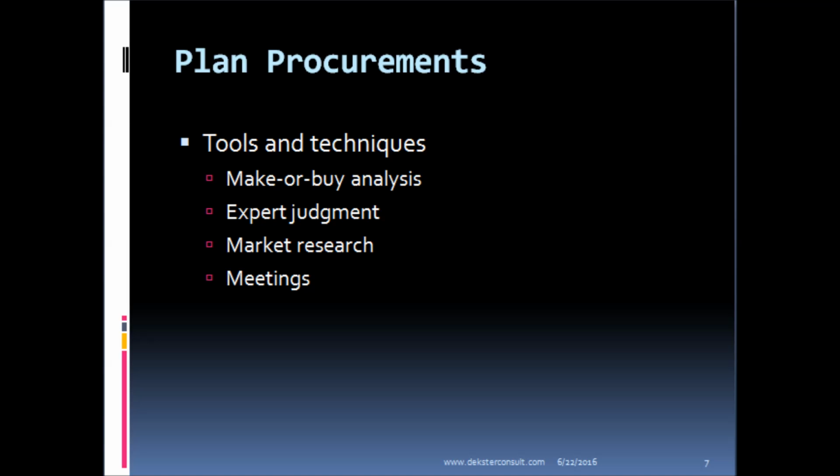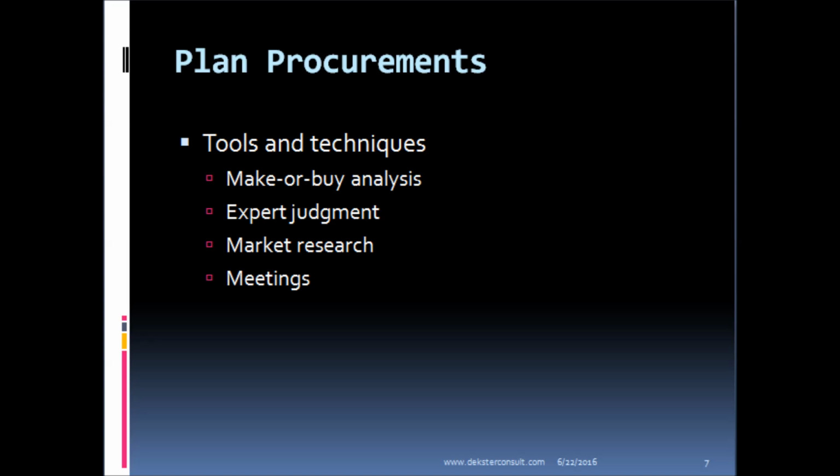What tools and techniques can we employ to effectively plan procurement? We have the technique called make or buy analysis. This helps us to decide the economic benefit of either doing the work ourselves or going to procure from an outside source.